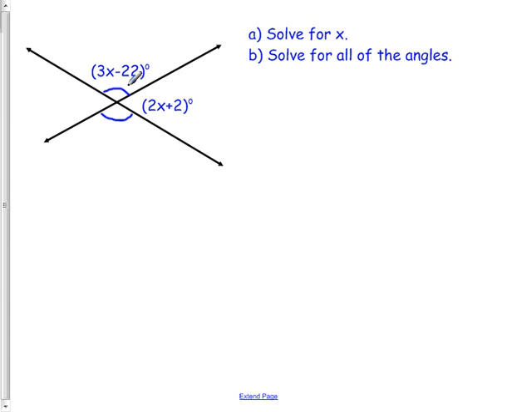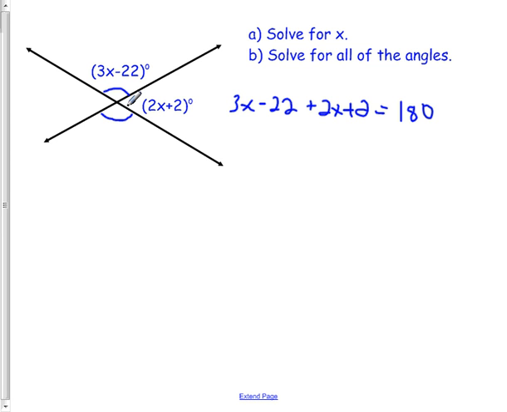So this time, these two angles, they're not equal to each other. We're actually going to add them up, 3x minus 22 plus 2x plus 2, and when we add these two up, they're going to give us a grand total of 180. They form a line, and a line adds up to 180 degrees.